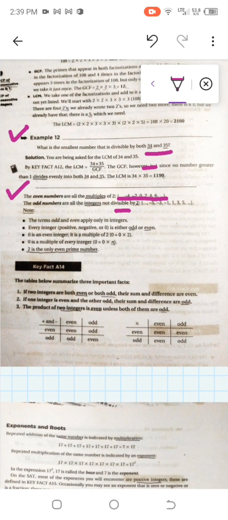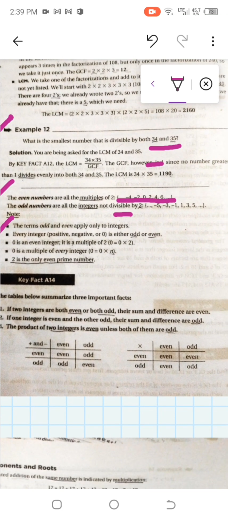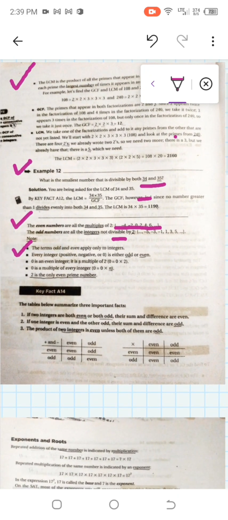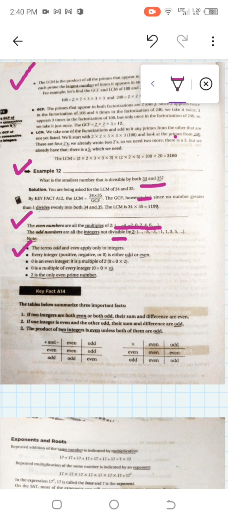After that, here in the note, some terms are given. The terms odd and even apply only to integers. We identify odd or even by looking at integers, so these terms apply only to integers.